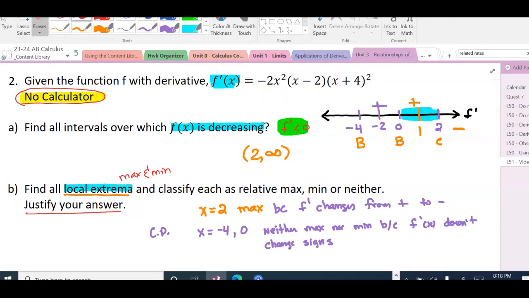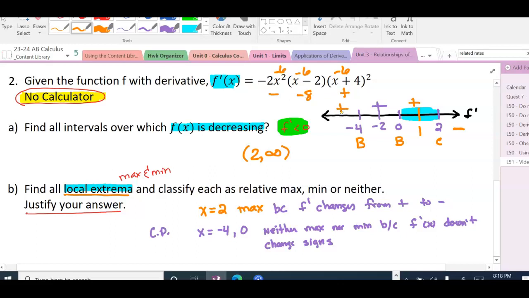Something less than negative 4, like negative 6. Negative 6 minus 2 is negative 8. That's negative. Negative 6 plus 4 is negative 2, but I square it and I get a positive. And this is still negative. So I've got a negative times a positive is still positive.